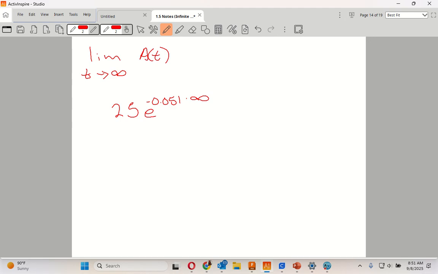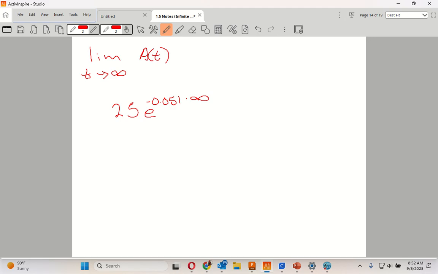Now, without putting it in the calculator, we can look at this and say, that exponent, what does it mean if I have a negative exponent? How do I make that positive?